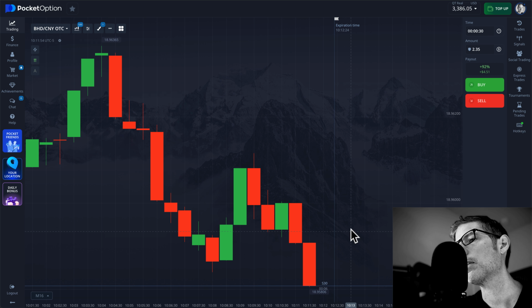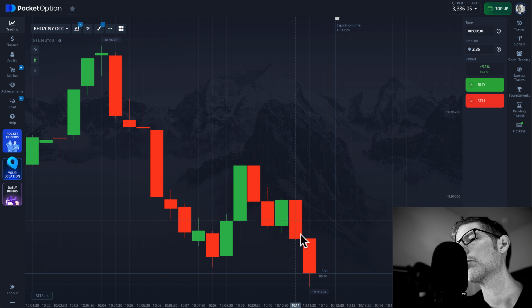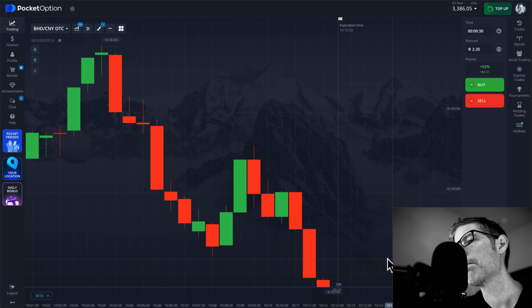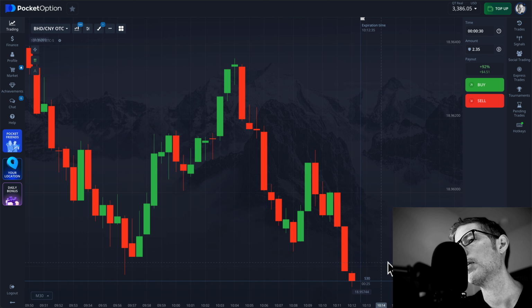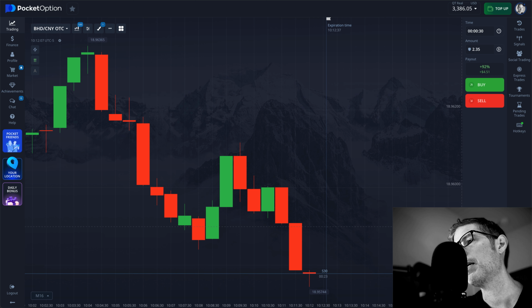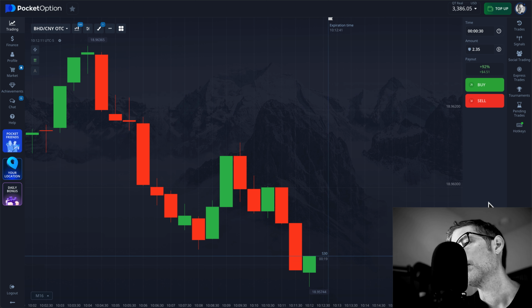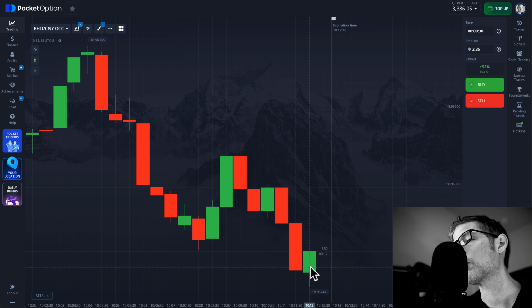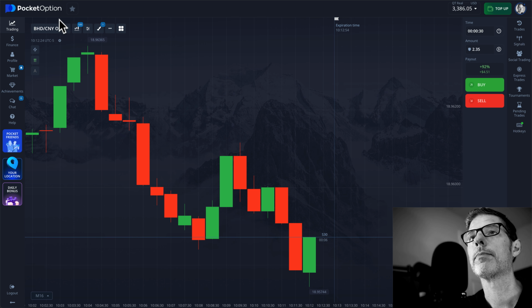So let's take a look at this. We've got 2 really healthy red candles here. Let's see if we can get another one. Come on. It's going on a downtrend there, but it may do a pullback. It's got about 15 more seconds to go. Let's see if it'll go red. I don't think so.